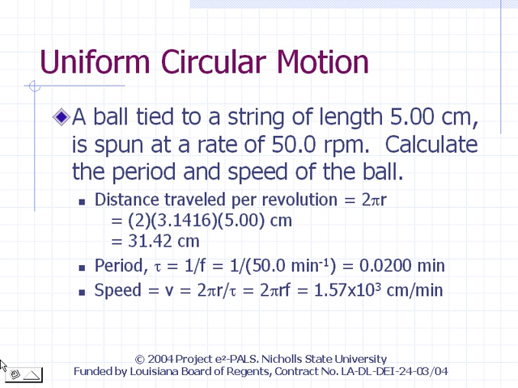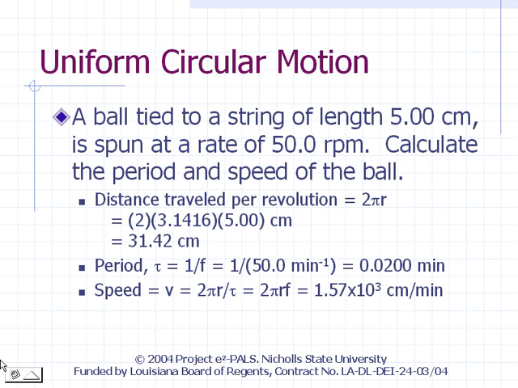This gives us a circumference of 31.42 centimeters. The time it takes for the ball to complete one revolution is simply the reciprocal of the frequency. 1 divided by 50 revolutions per minute equals 0.02 minutes. That is 1/50th of a minute.